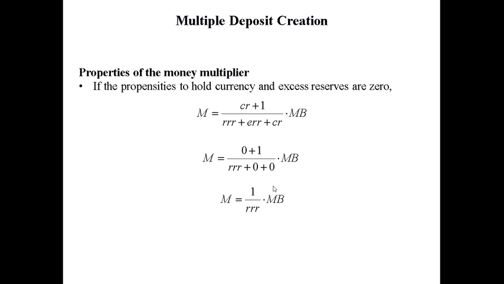If we simplify, the M1 multiplier becomes the simple multiplier. So the simple multiplier is 1 over the reserve requirement ratio. The M1 multiplier is 1 plus the currency ratio divided by the reserve requirement ratio plus the excess reserves ratio plus the currency ratio.